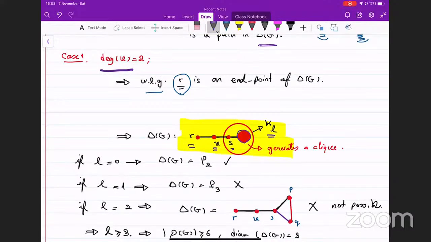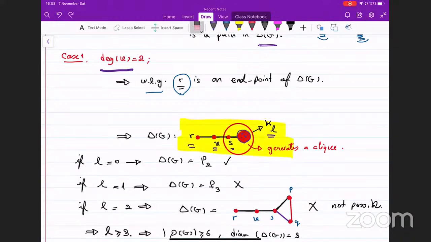Why? Because by the 3-condition, any two vertices that I choose here must be connected. For example, if I choose a pair of two vertices of this one and consider them together with R, by the Pálfy theorem or 3-condition, I conclude that these two must be connected.